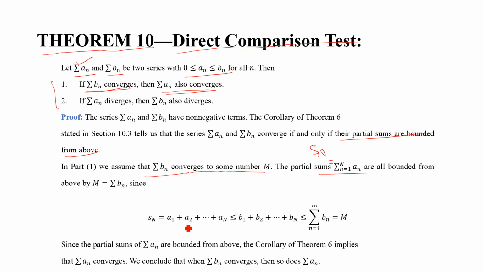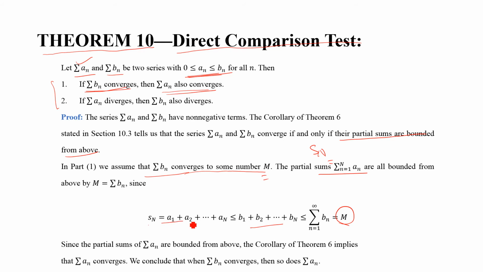Then Sn is equal to a1 plus a2 plus up to an. Using this inequality, this is less or equal to b1 plus b2 plus up to bn. And this is less or equal to sigma bn, because this is the partial sum, so it is less or equal to the actual sum of the series. And we have assumed that sigma bn is equal to N. What does this mean?